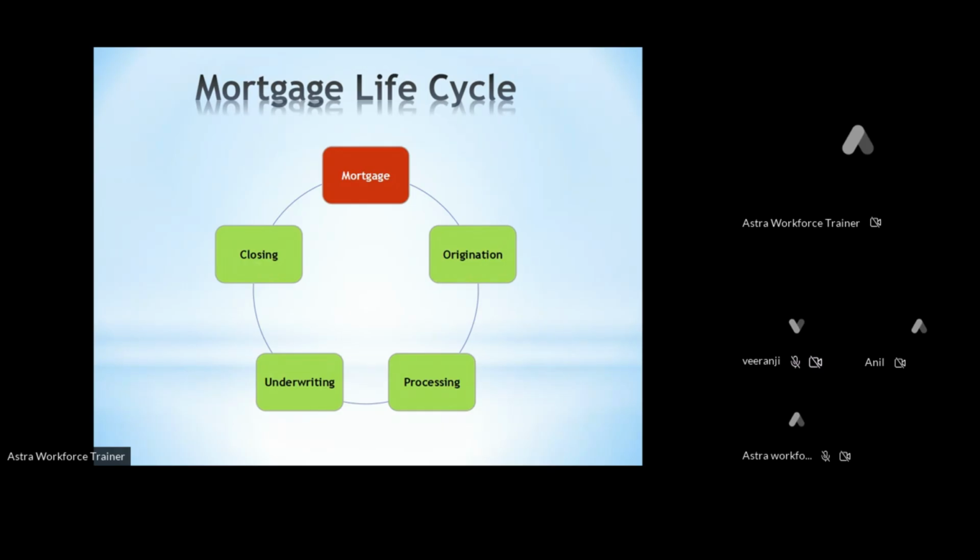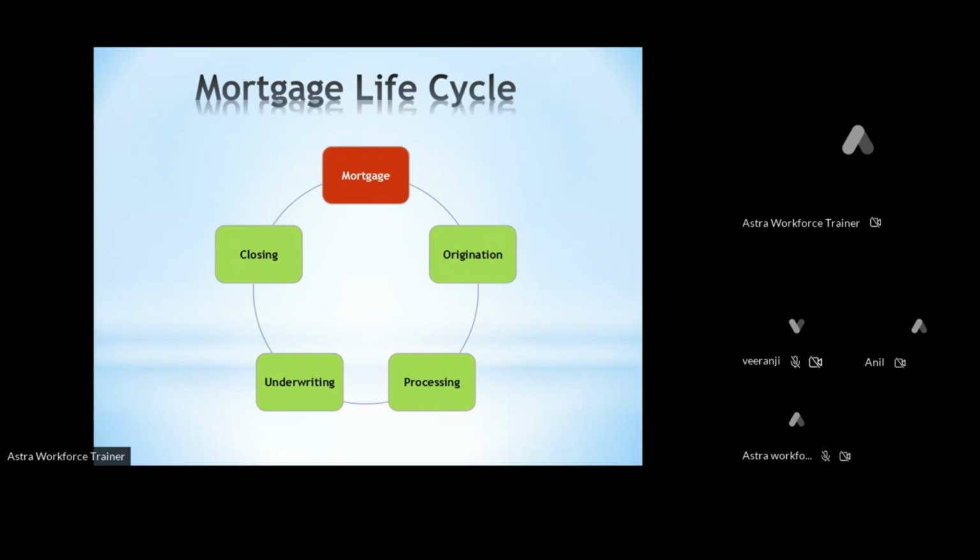Once that is done, the borrower will submit the application to the loan originator, and the originator will give a set of documents to the borrower, called the initial disclosures. The initial disclosures are the loan estimate, service provider list, and homeowners counseling list.